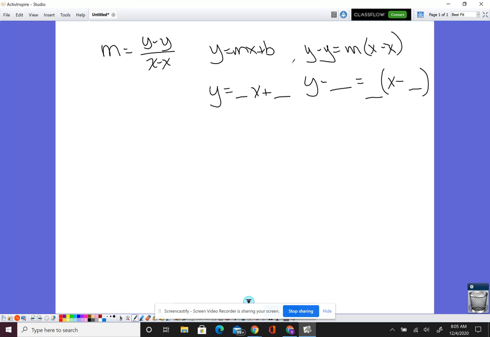So you have your two equations, or two forms that you can use to get an equation, and then these are the skeletons showing you basically where you need to plug things in. Now you're going to have to know what has to go in each one of those spots, but at least it gives you a little bit more of how to work with these two equations.